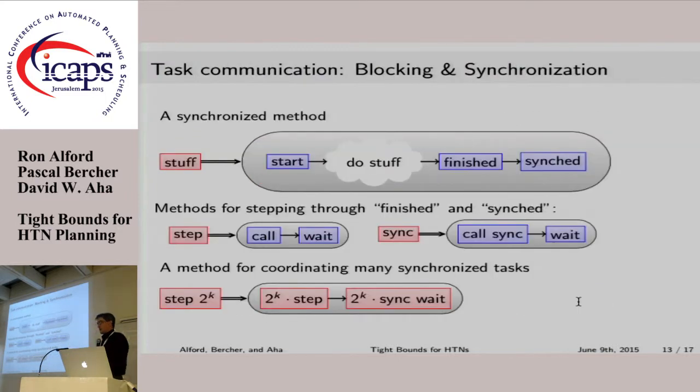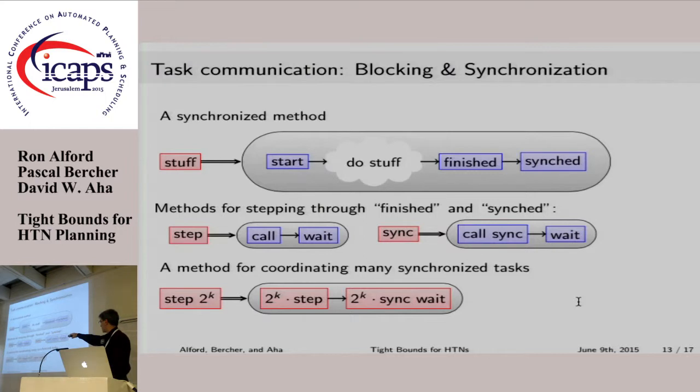We also need to implement threading in our HTNs, oddly enough. So we have a synchronized method for doing stuff, which has a start primitive action where it's listening for it to be called. It does stuff. It says it's finished. And then there's an extra synchronization step because we're going to have to call a lot of these per cell of the Turing machine tape. We have methods for stepping through this, which control it.